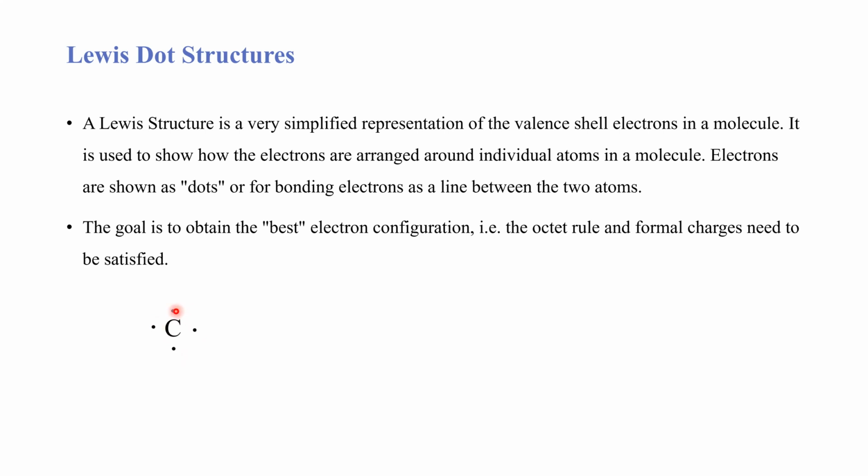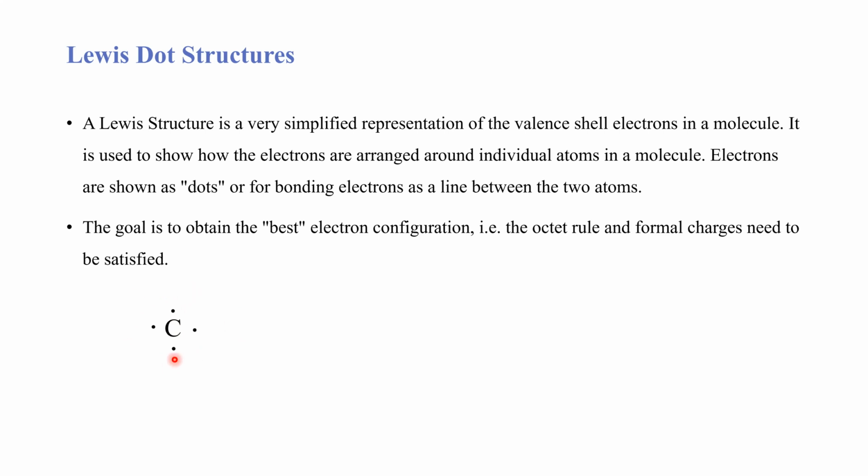I have drawn single electrons because these are the unpaired electrons: two in the 2s, and then the 2px, 2py, and 2pz, right? That's why it is able to make four bonds with other atoms to complete its octet.